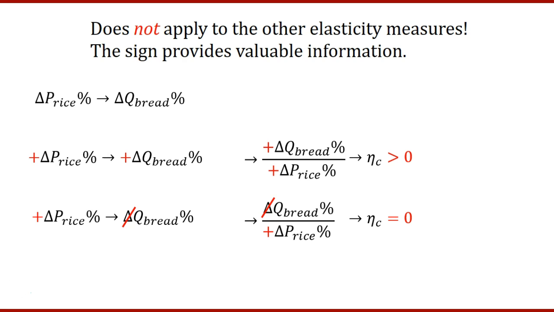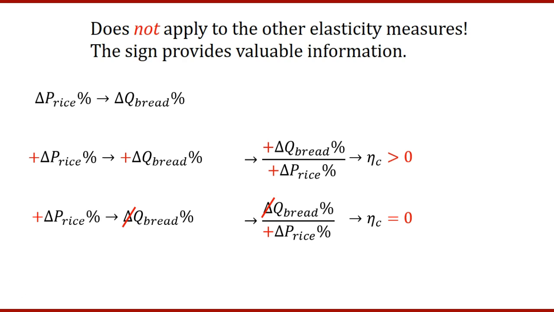It means that there's no relationship between the price of rice and the quantity demanded of bread. That is, rice and bread are not substitutes at all. And that's maybe because of the particular cultural norms and the history of the country and so on, which have impacted on the vast majority of consumers' preferences.